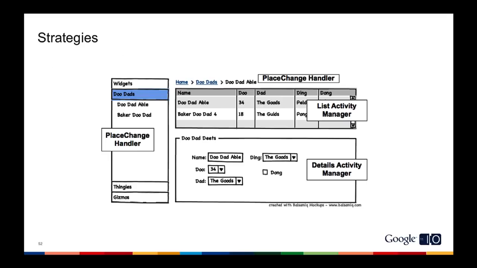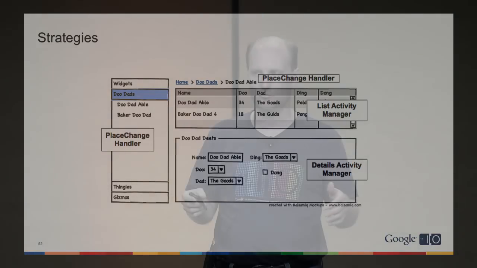So your activity mapper would say if place instanceof DetailPlace, then return new DetailActivity. And that would result in the bottom of the screen being updated. Similar for the top with the list activity. And then on the left side, this is a permanent feature of our screen. It doesn't actually change with respect to each place. The navigation is always there, so it doesn't even need to be an activity.